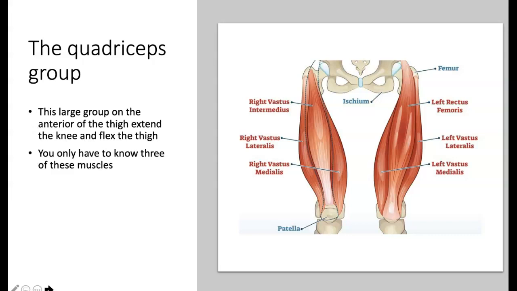And here are the 3 muscles that you're going to need to know from that quadriceps group. Rectus femoris, you probably already know this one. This is one of our muscles that helps to remind us how muscles are named because the fibers go in that straight line or erect to that long axis of the body. It is also by the femur.